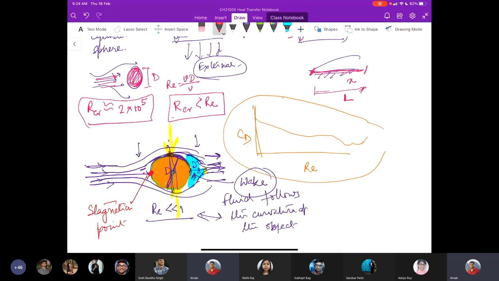Any question? Now this happens when Reynolds number increases or starts to increase, and beyond a critical Reynolds number, this flow detachment happens. Now, once this wake region is there, it is typically realized by the vortex formation.